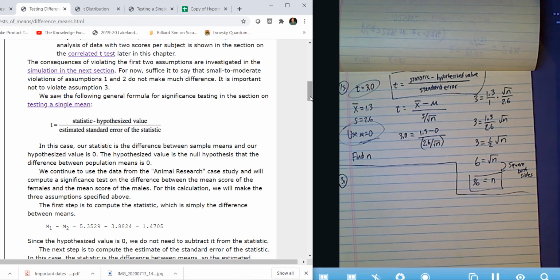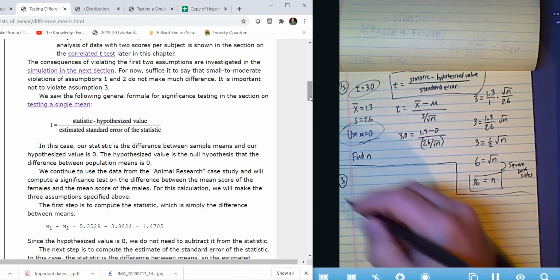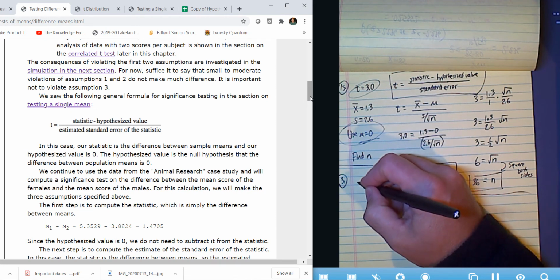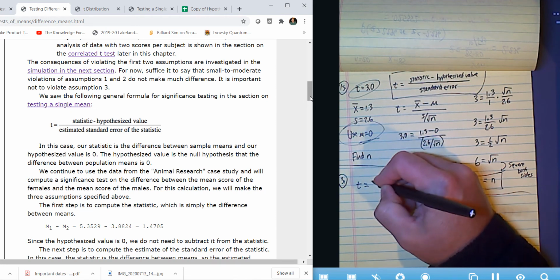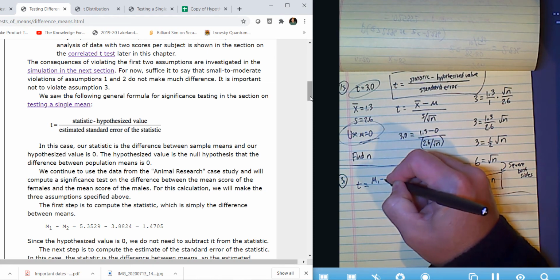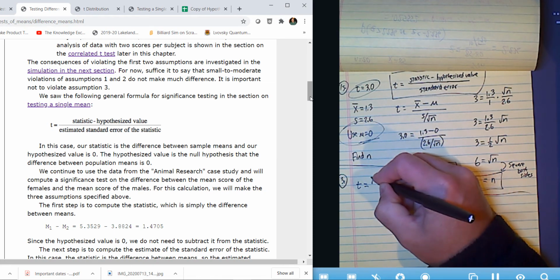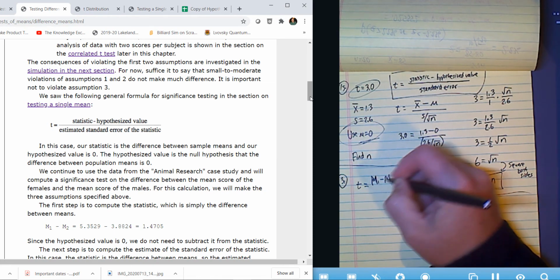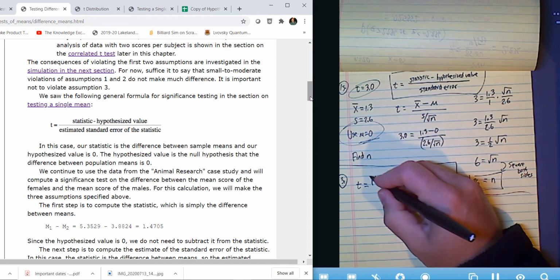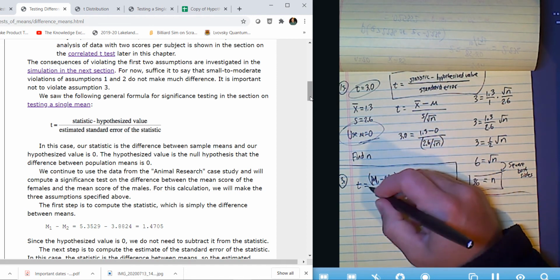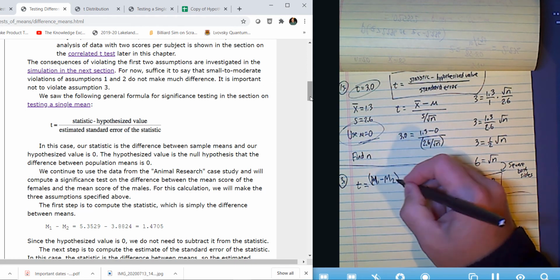But the trick is, what is the statistic? And they're calling it M1 minus M2. I guess I'll do that also. So we have M1 minus M2. I gotta be careful, those M's start to look like mu's for me. Okay, so we're interested in the difference of those two means.